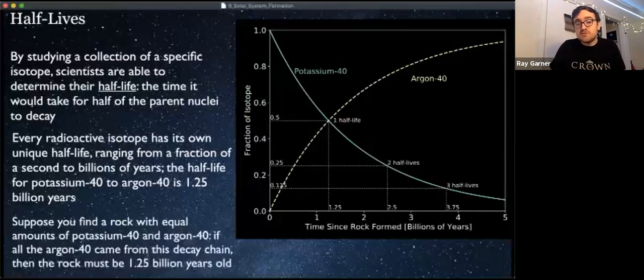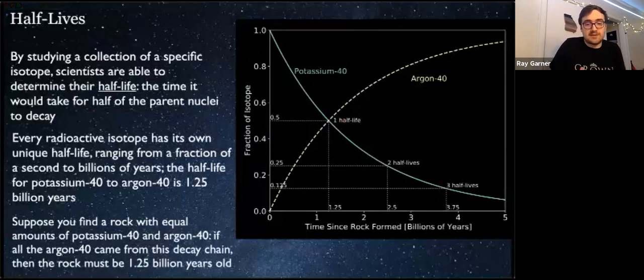So suppose you find a rock with equal amounts of potassium 40 and argon 40. If the argon 40 came from this decay chain, then the rock must be 1.25 billion years old. This is where it's useful to know a little bit about rock chemistry.